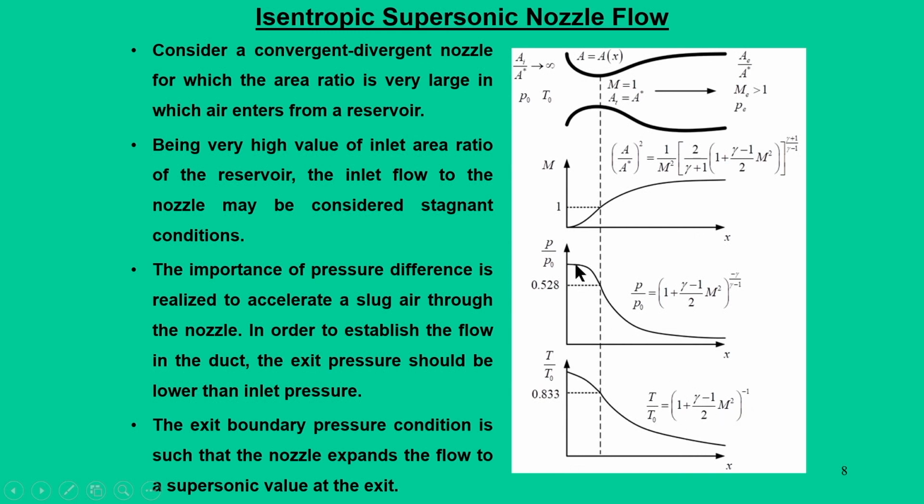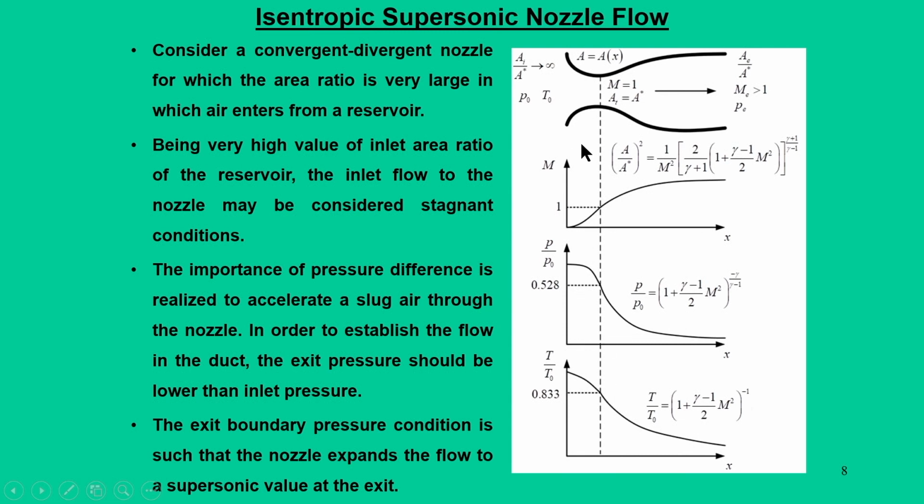In this process the pressure and temperature continuously fall, and when the flow is sonic at the throat, that is Mach number 1, the pressure ratio P by P naught becomes 0.528, which we established in our earlier calculations, and the temperature ratio T by T star becomes 0.833. These are fixed numbers for any situation.